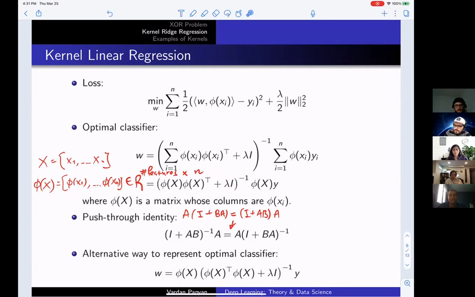But now it is sample size by sample size. Now, is this a significant improvement? Maybe. For example, if you have the MNIST data set, then you have 50,000 examples, and you would have to invert a 50,000 by 50,000 matrix, which you can in fact do these days. You can in fact invert such a big matrix.